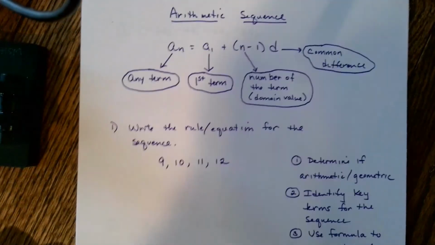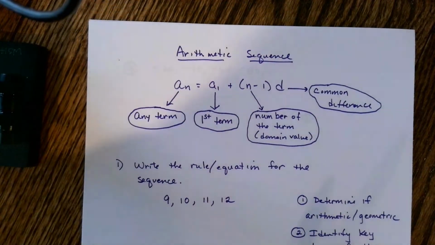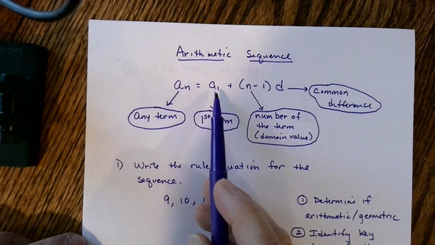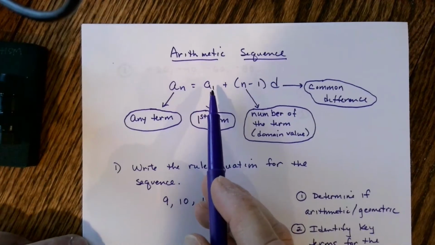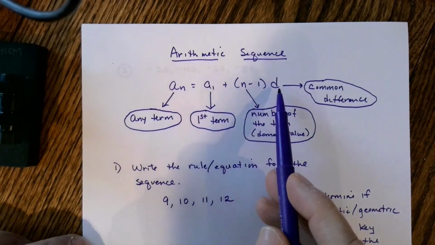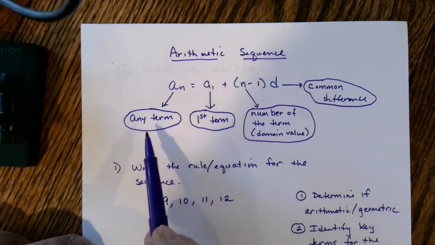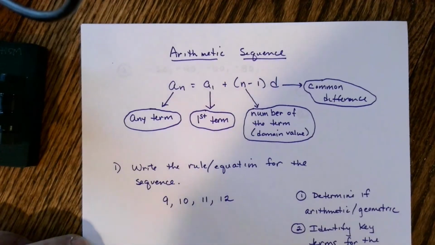So let's take a look more specifically at an arithmetic sequence. An arithmetic sequence has the formula a sub n is equal to the first term plus n minus 1 times d. Now you may need to pause this if you want to copy these notes. A sub n represents any term in the sequence, so the value for any term can be found using this formula.